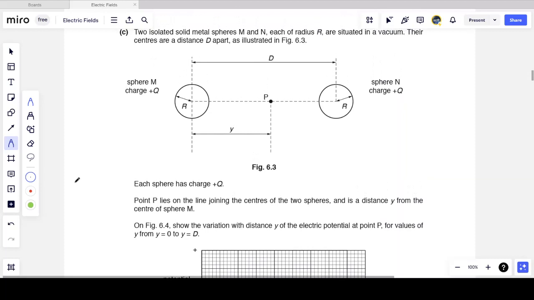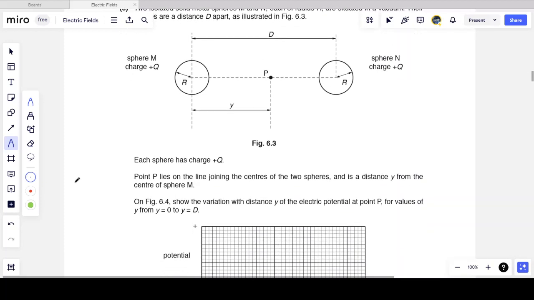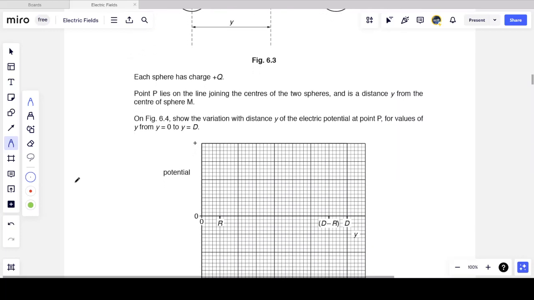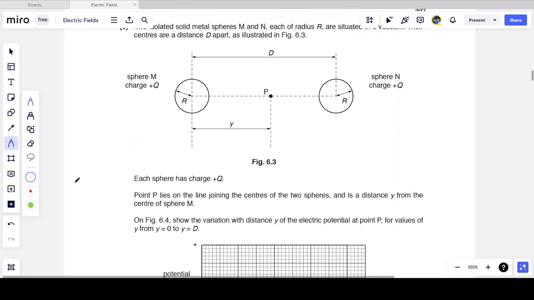So our horizontal axis, don't be confused here, is now labeled y. So from 0 to d, we want to show how the net electric potential differs. What we must remember is that potential is a scalar. So I'm not adding a vector sum of potentials, I'm adding a scalar sum of potentials. So what I need to do is understand what the potentials are for each of these spheres.